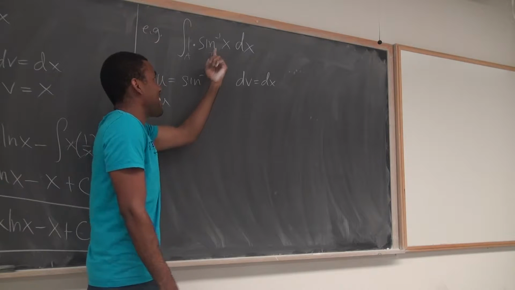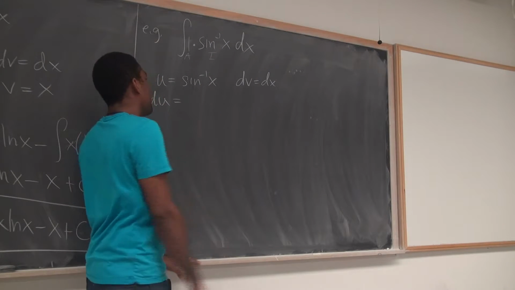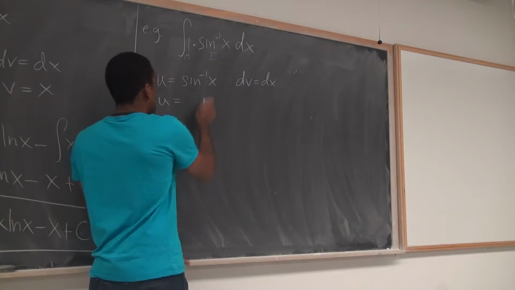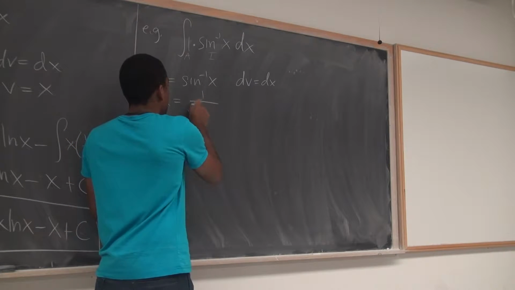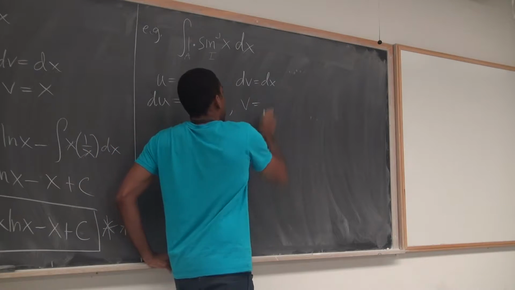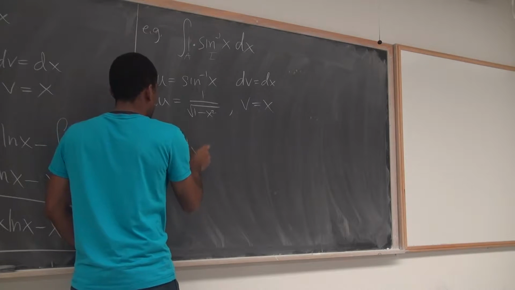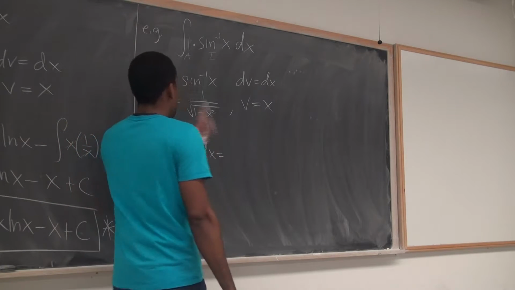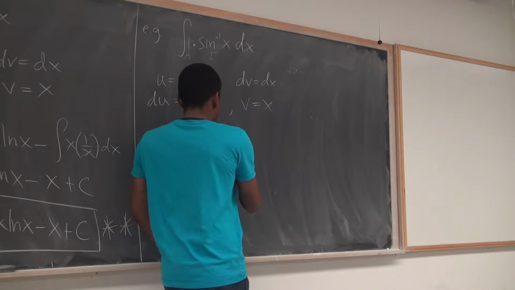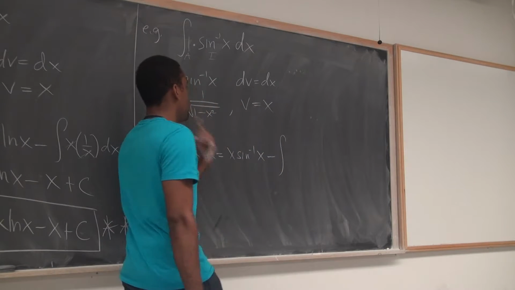So I actually don't know how to integrate that, so that has to be the guy I'm differentiating. The derivative of that, we know, is 1 over the radical of 1 minus x squared. My v would be x. So this would mean the antiderivative of sine inverse of x dx is equal to u times v minus the integral of v du.